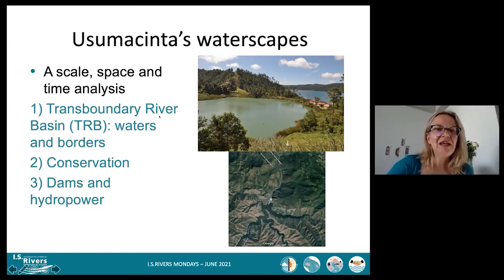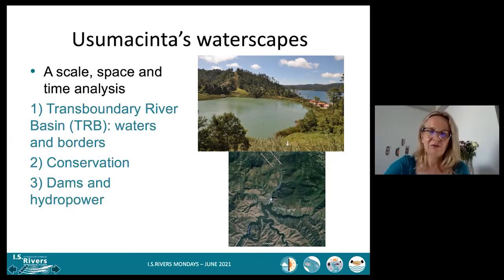So in order to do this, I would like to propose for Usumacinta to look at three dimensions: the border aspect, the relationship between water and the borders, as you can see on the photo, where you see the border between Mexico and Guatemala that is physically marked in the middle of a lagoon.